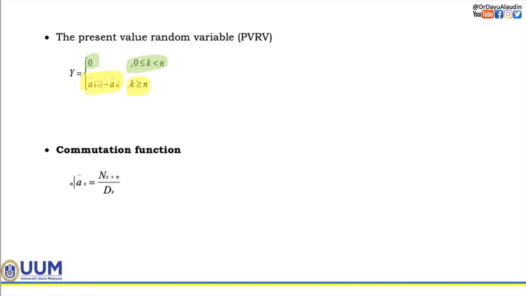So for the commutation function, this is how we write the deferred life annuity due, and the numerator is N_{x+n}, but the denominator is still the same.